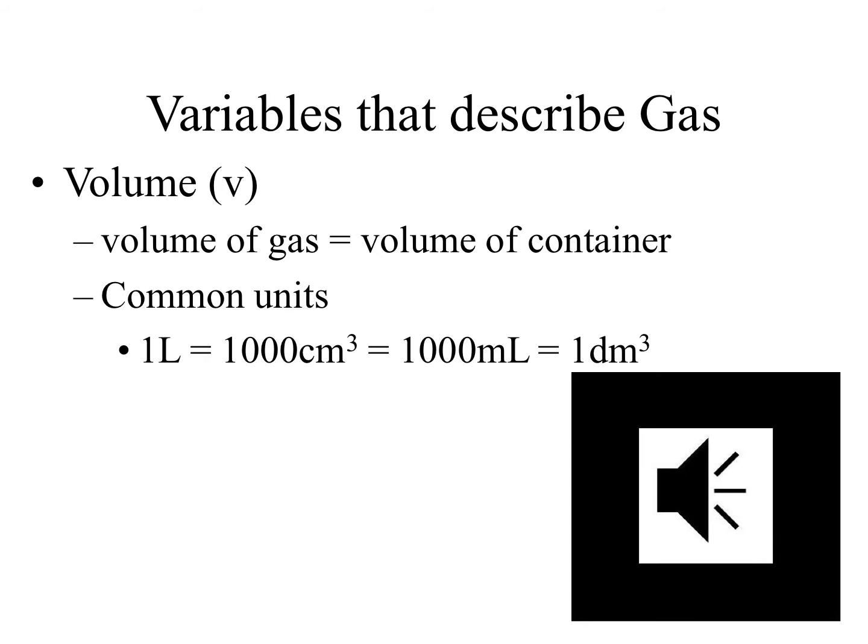Another way that we describe a gas is by its volume, how much space it actually takes up. For the volume of a gas, it's just going to be whatever the container is, meaning, if it's a large room, the volume of the gas will be the room's volume itself. If it's in a jar, whatever the volume of the jar is, that's going to be the volume of that gas.